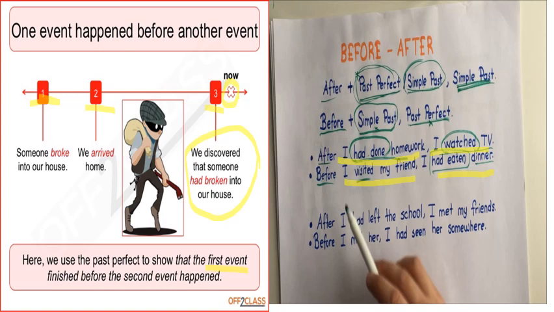For example, look at this. After I had done my homework, comma, you have to put a comma here, I watched TV. Before I visited my friend, I had eaten dinner. These two words, after and before, indicate the sequence of events.